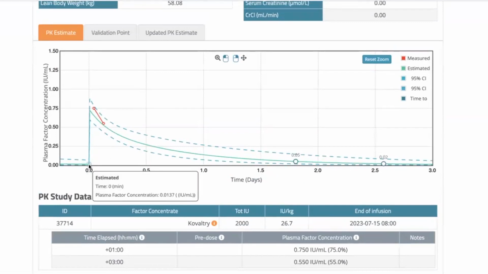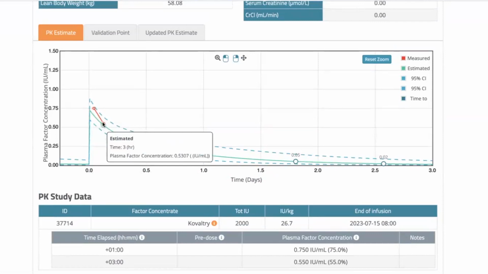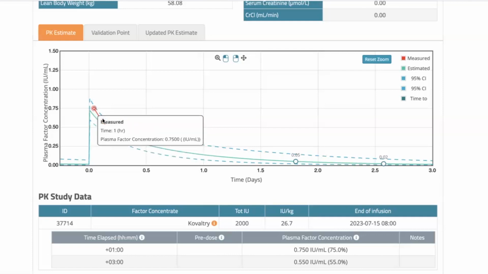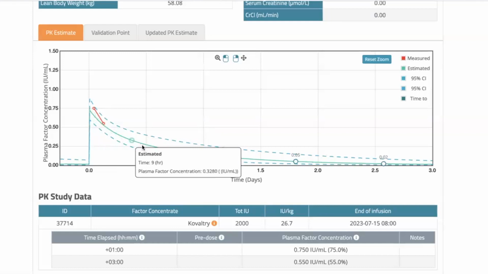Then there is a graph. This graph shows the factor concentration at time 0, the moment the patient was infused, and you see that the peak for this time was 0.72 with 2,000 units, infusing 20 IU per kg. And you see in red the measurements that you have provided as a base for PK calculation, and in green you see the estimation of the PK.